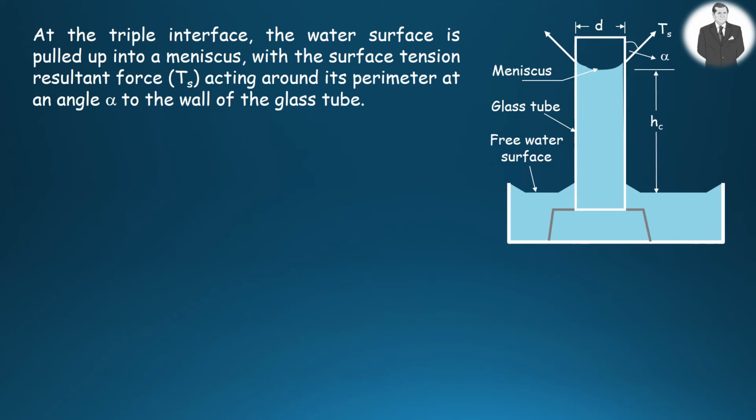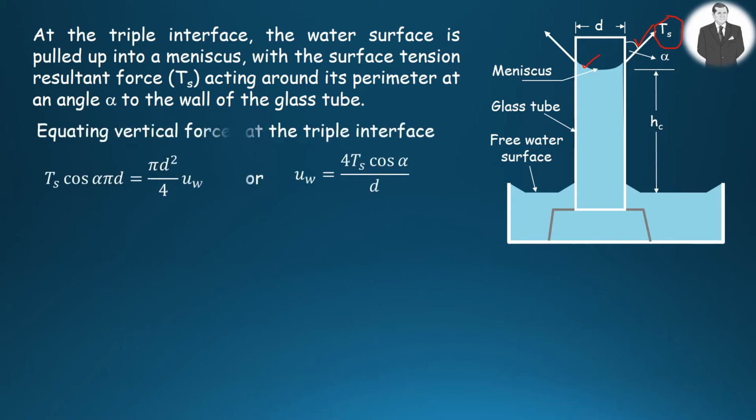At the triple interface, the water surface is pulled up to a meniscus with the surface tension resultant force acting around its perimeter at an angle alpha to the wall of the glass tube.